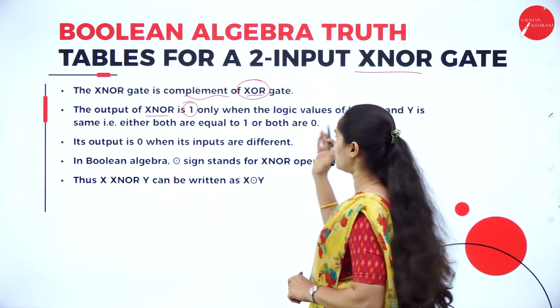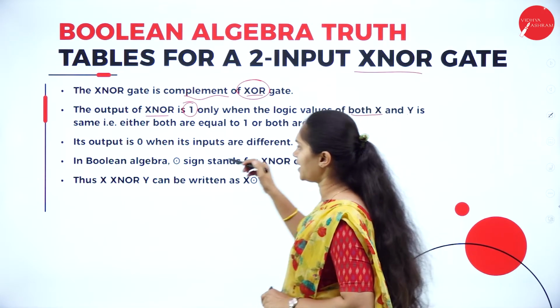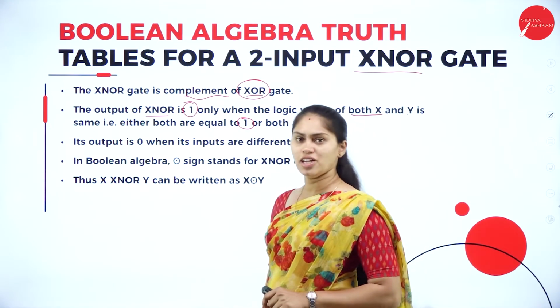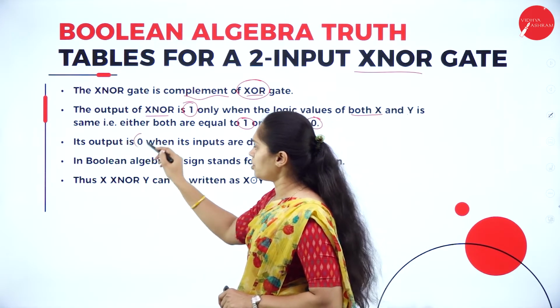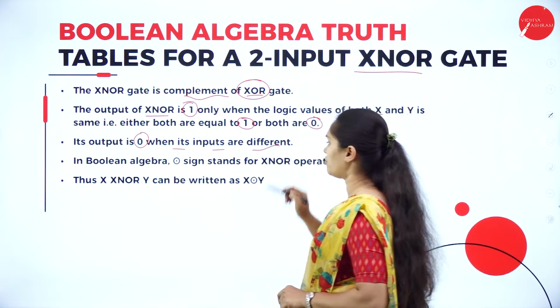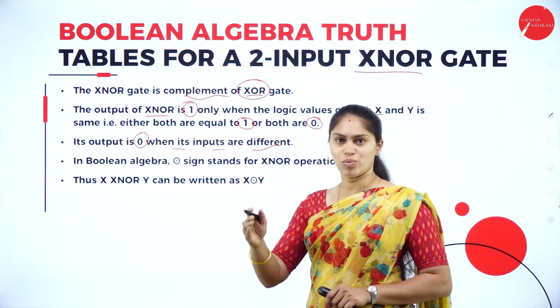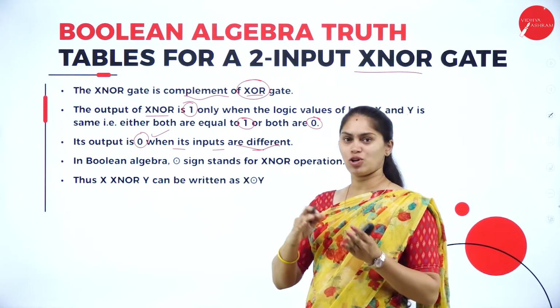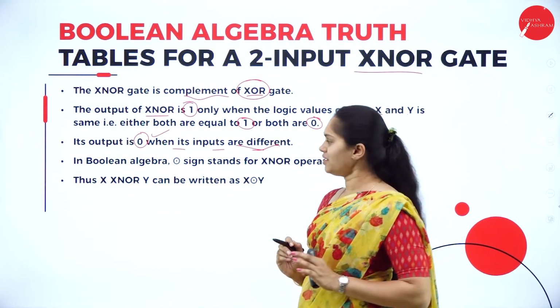If both the input signals of X and Y are the same, whether equal to 1 or 0, then the output will be 1. The output will be 0 when its inputs are different, like 1, 0 or 0, 1, those two combinations.